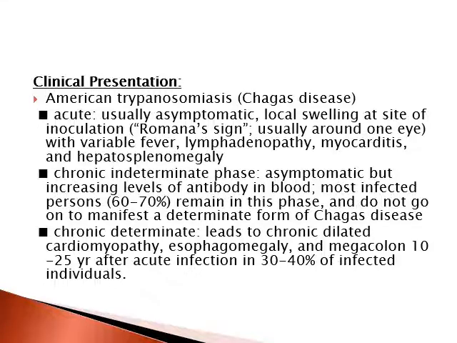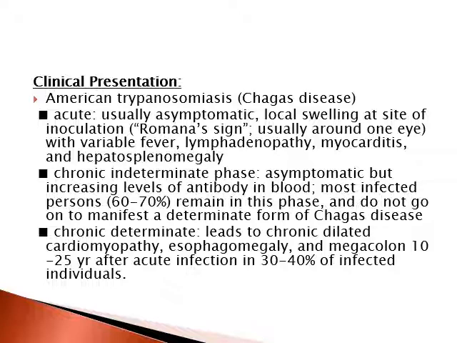The acute stage usually is asymptomatic, but there may be local swelling at the site of inoculation, which we call Romana's sign, usually around one eye, with variable fever, lymphadenopathy, myocarditis, and hepatosplenomegaly. This is the early stage of the disease when the parasite invades tissues.